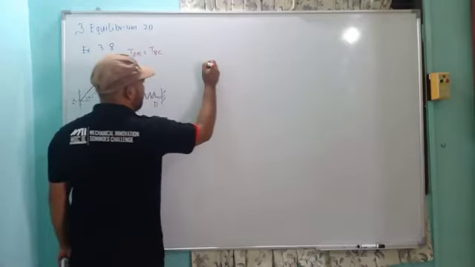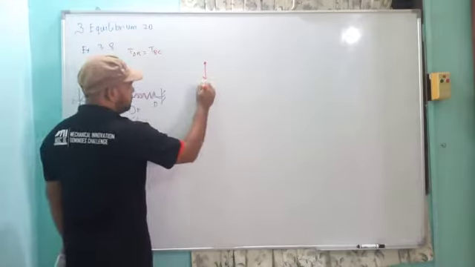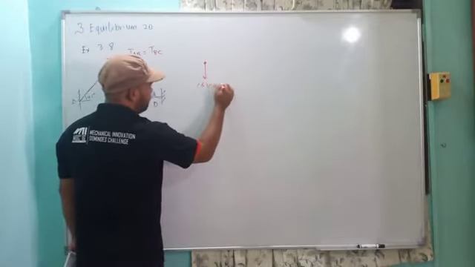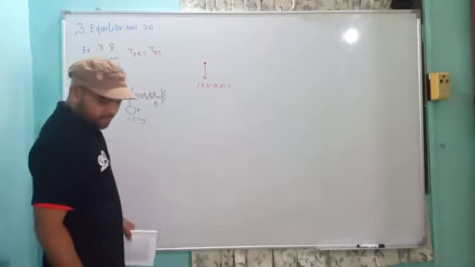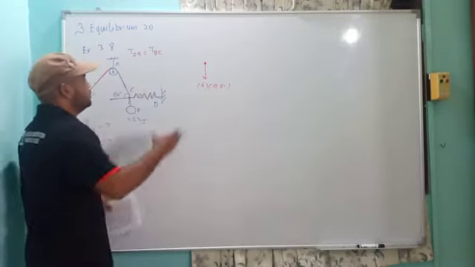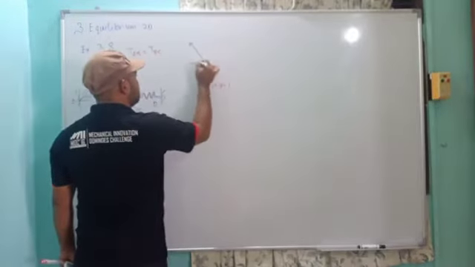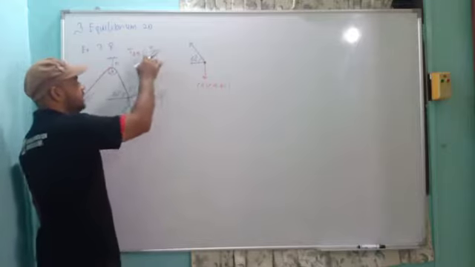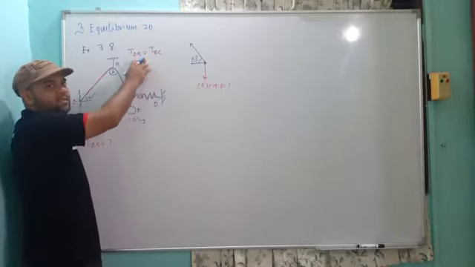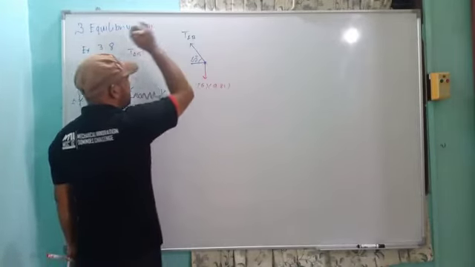The first one I will have is mg, which is 6 kilograms, 6 times 9.81. And then I have the cable, which is from here, at 60 degrees. I know that this is actually the TBC, but I know that TBC equals TAB, so I can put it directly as TAB.